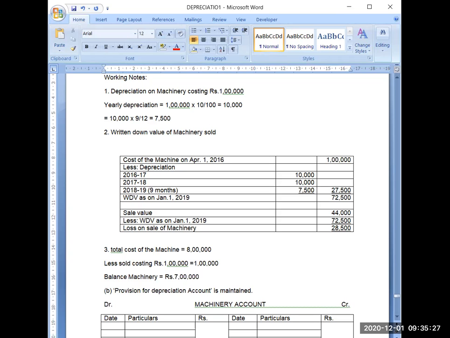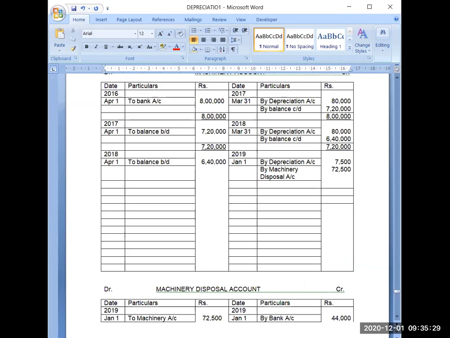So we have to charge the depreciation on this machinery. We will write here 2019, March 31st, by depreciation account 70,000.